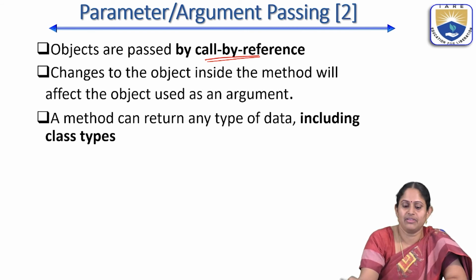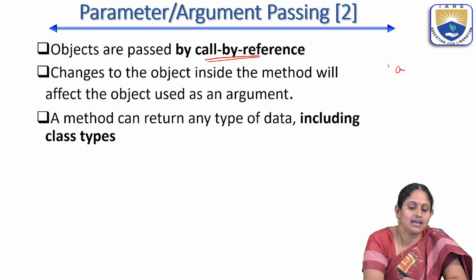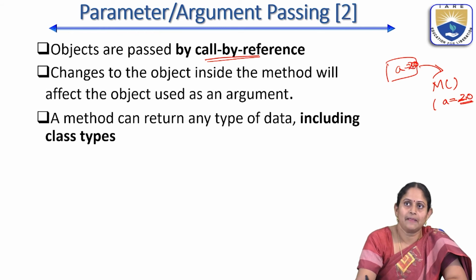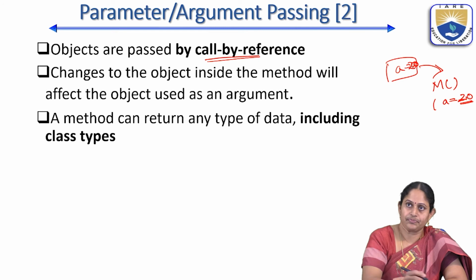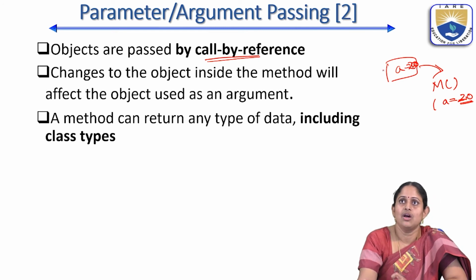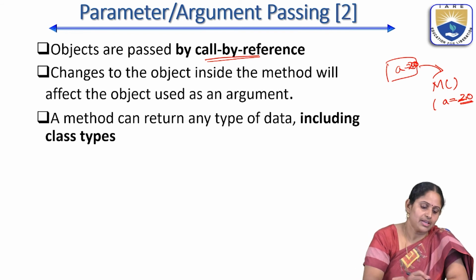Say A is an object with value 10 being passed to a method M, and inside M this object A is reassigned as 20, then the value of the object will be changed to 20. It will be overwritten. Since the object is being passed as a reference, whatever changes we make on the object will be reflected on the actual argument.